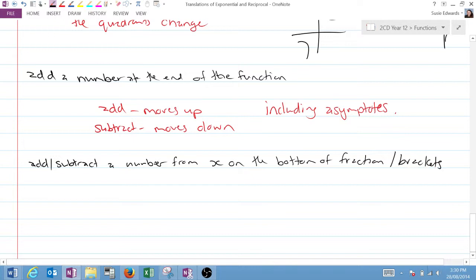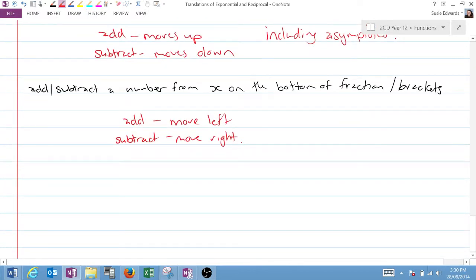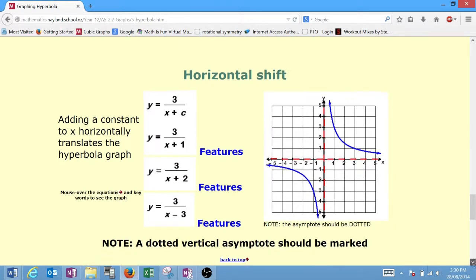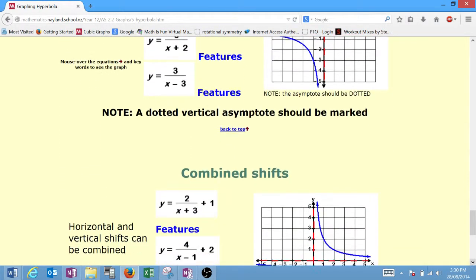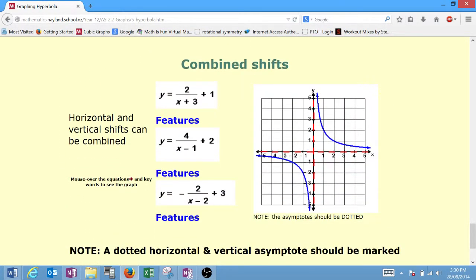We move in the opposite direction. So if we add, we move left. If we subtract, we move right. Okay, there are our main rules. So all we now need to be able to do is these combined shifts, and then we're done.